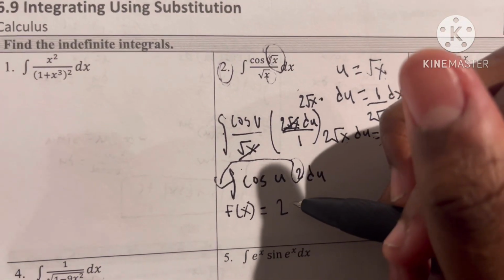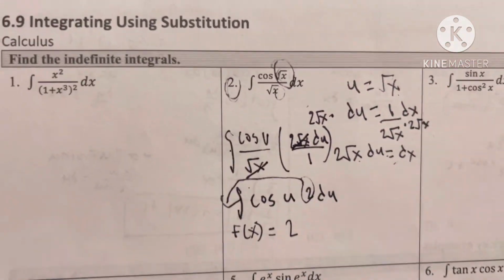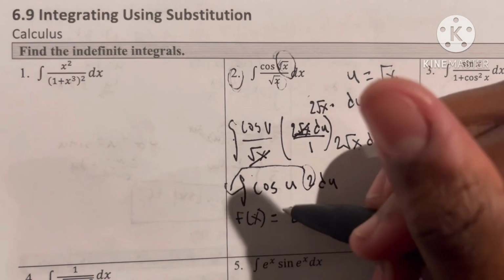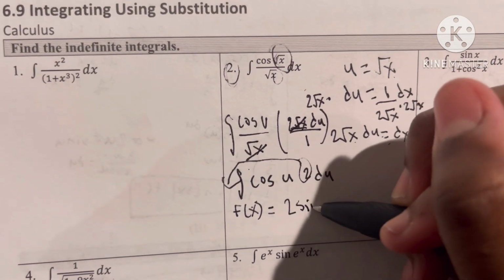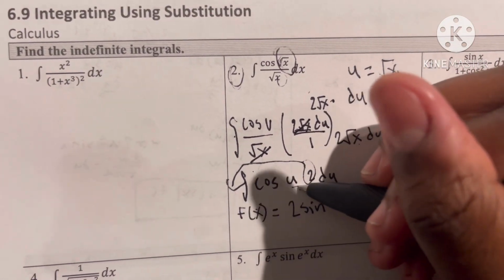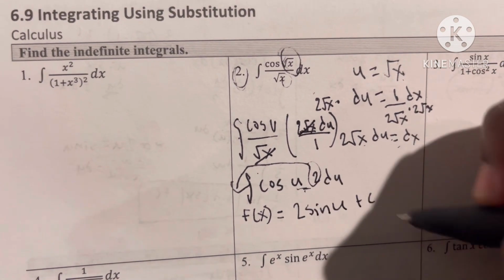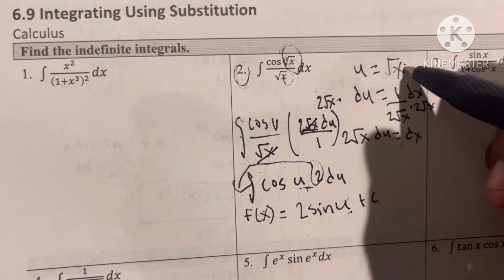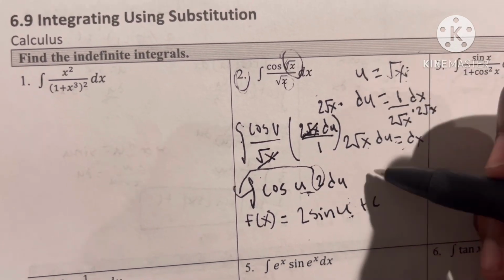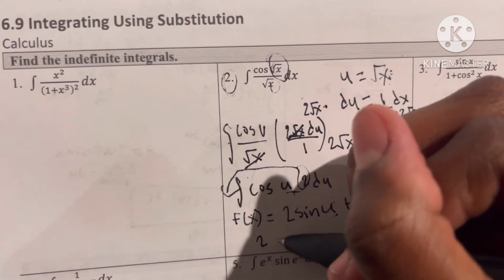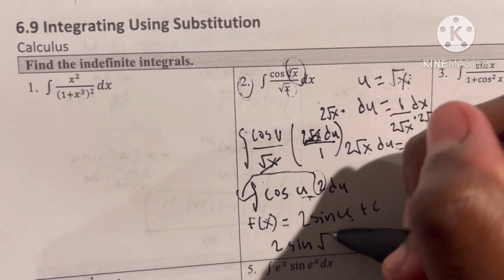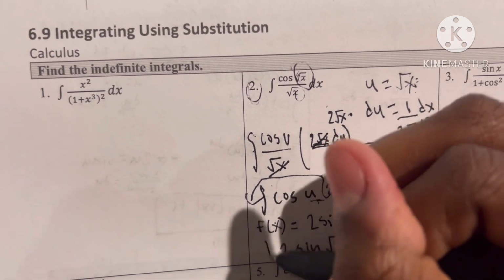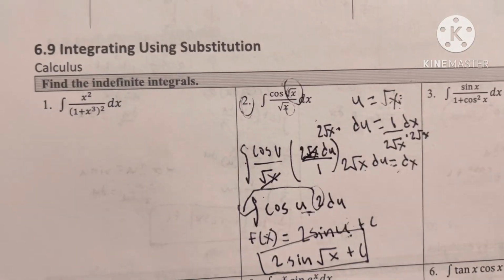I realize it doesn't have a negative, and I have to get that in my head because I almost said negative, but it would just be sine u, bring it down, plus c. And so since we have our u, we plug our u back in. So it would just be 2 sine square root of x plus c. And that is our answer.